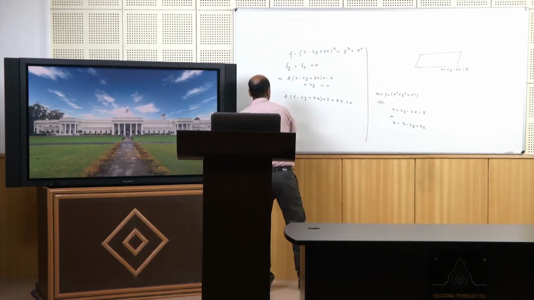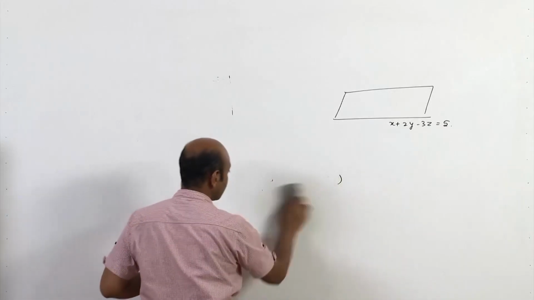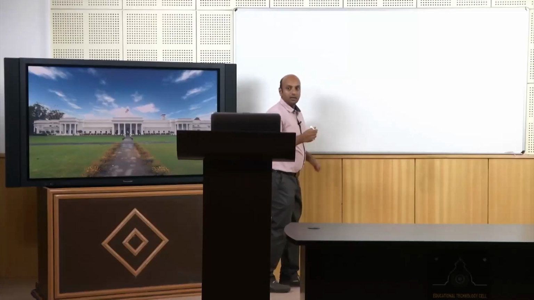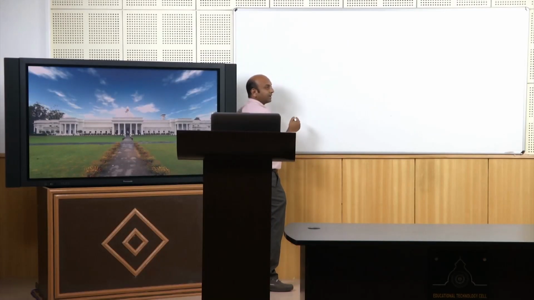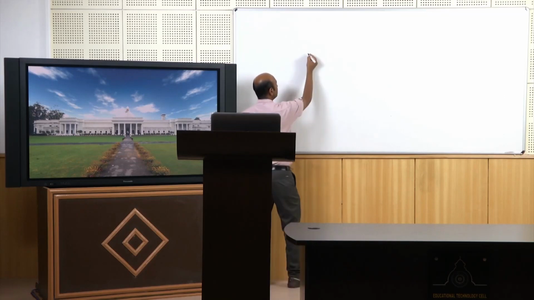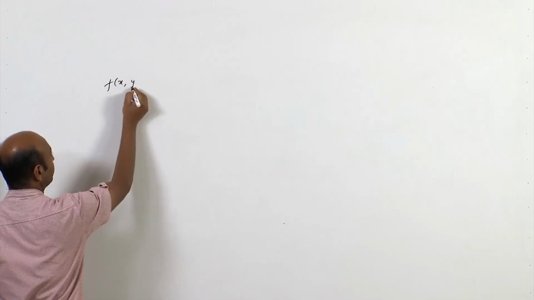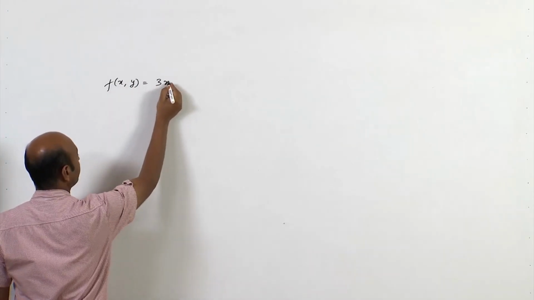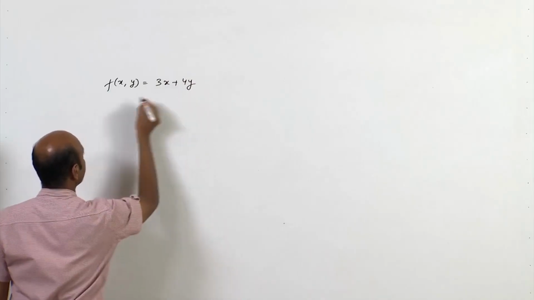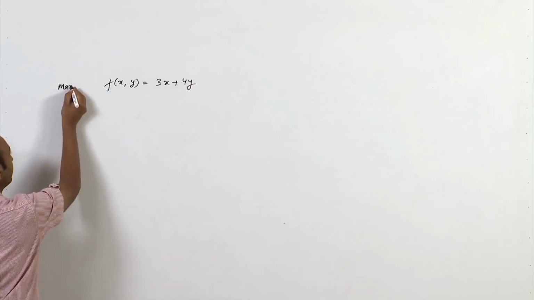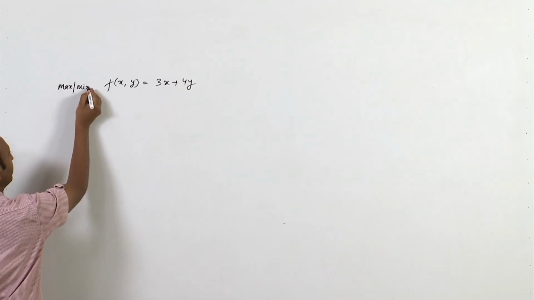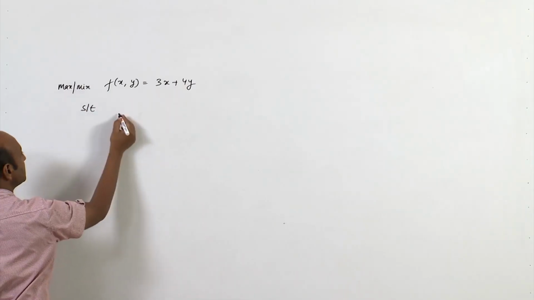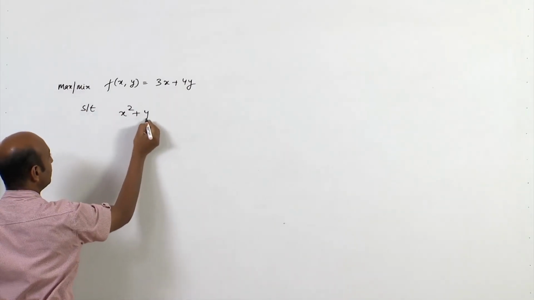Let us discuss this example. In the first example, we have to find the maximum and minimum value of the function f equal to 3x plus 4y, subject to the condition x squared plus y squared equal to 1.